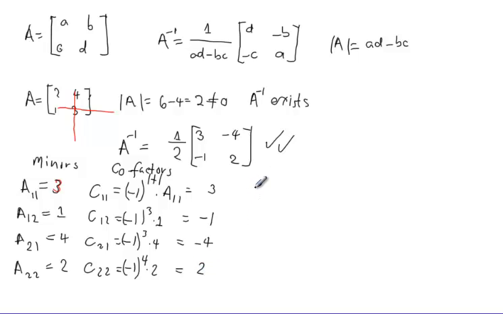Then I'm going now to create a matrix, which I'm going to go this way. I'm going to say 3, minus 1. What is this? A11, I mean C11, C12. Do you agree? Then minus 4 and 2.